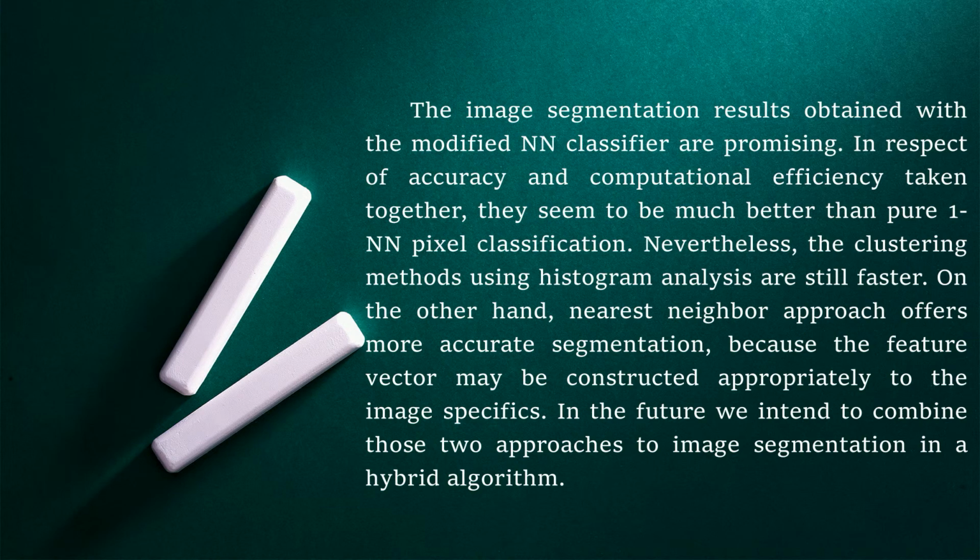Nevertheless, the clustering method using histogram analysis is still faster. On the other hand, the nearest neighbor approach offers more accurate segmentation because the feature vector may be constructed appropriately to the image specifics. In the future, we intend to combine those two approaches to image segmentation in a hybrid algorithm.